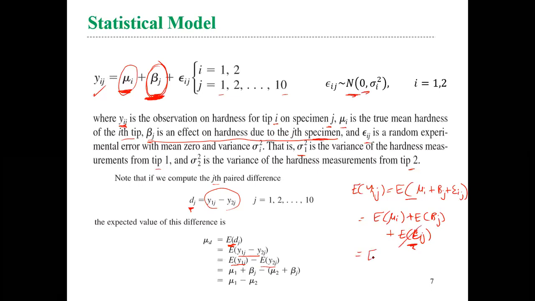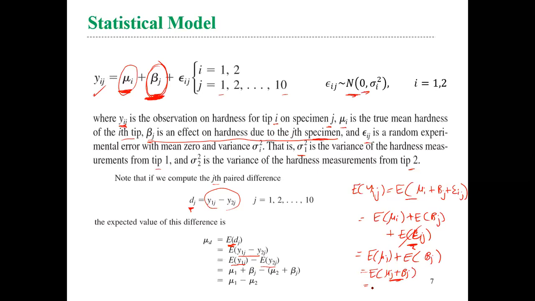So now we have the expectation of mu i plus the expectation of beta j. Those two are constants.